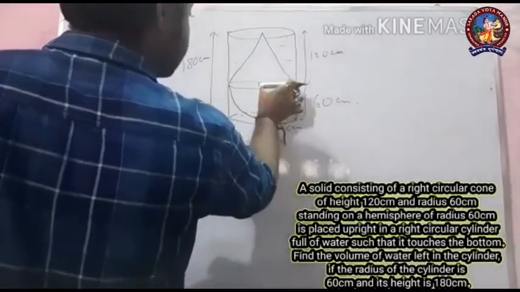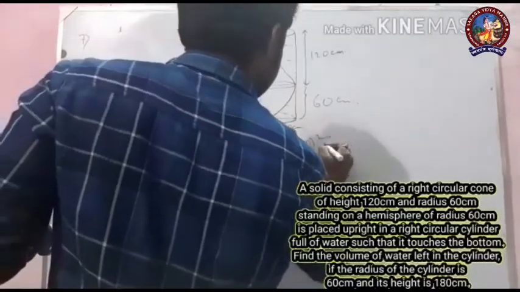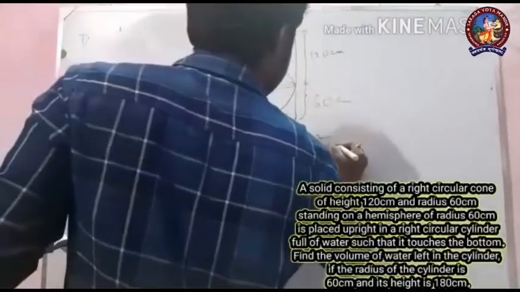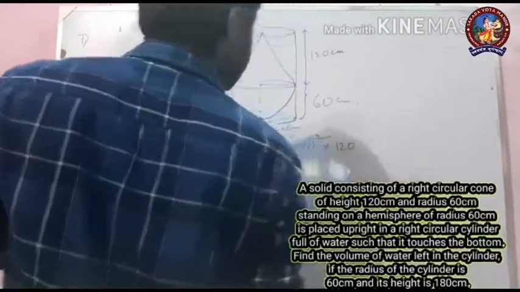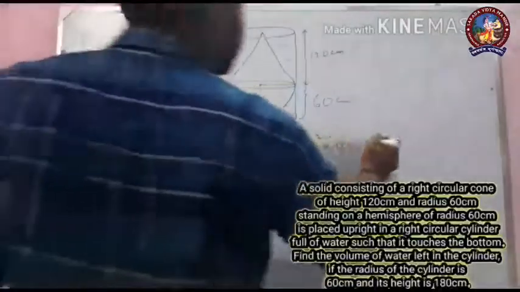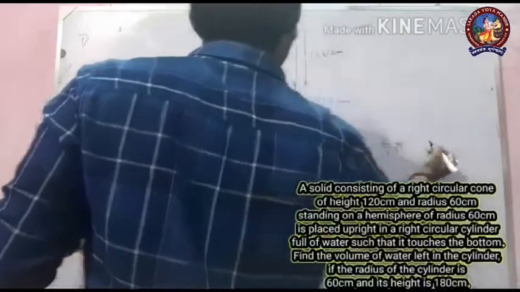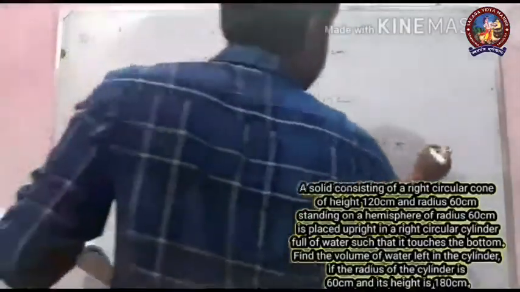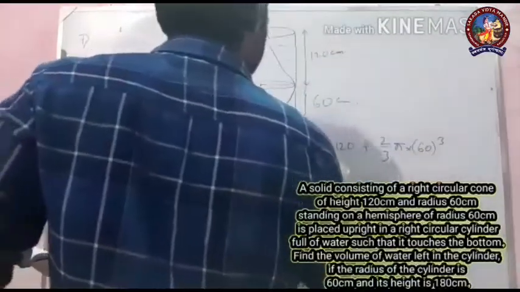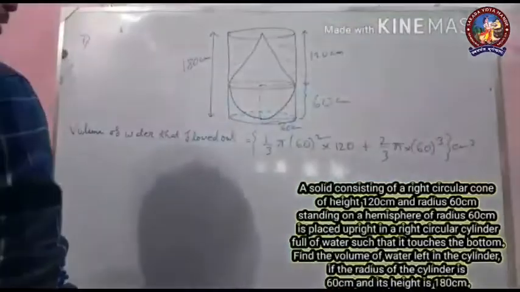Here r is 60 centimeter into h. Height of the cone is 120 centimeter, right? With that I have to add the volume of the hemisphere, that is 2/3 pi r cube. R is 60, right? This is centimeter cube.